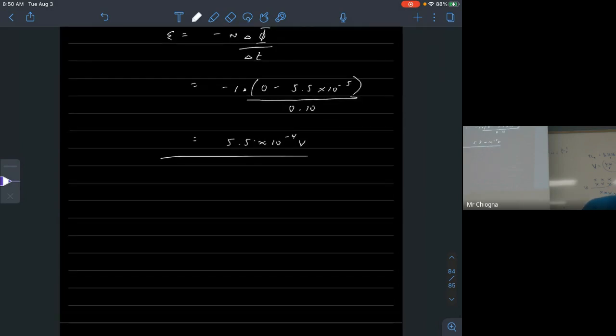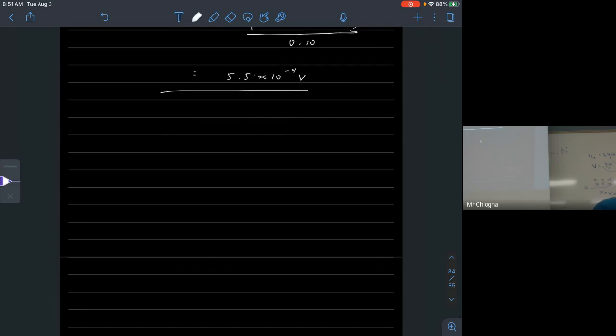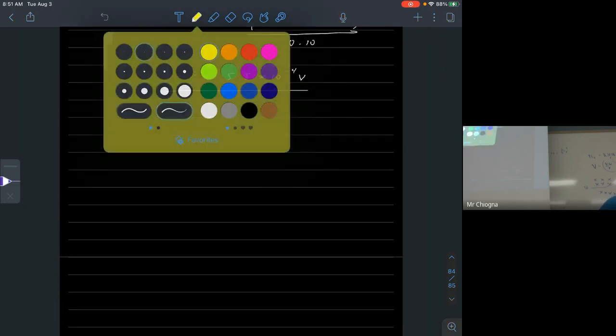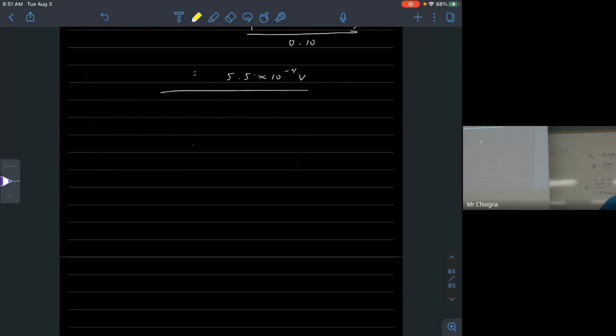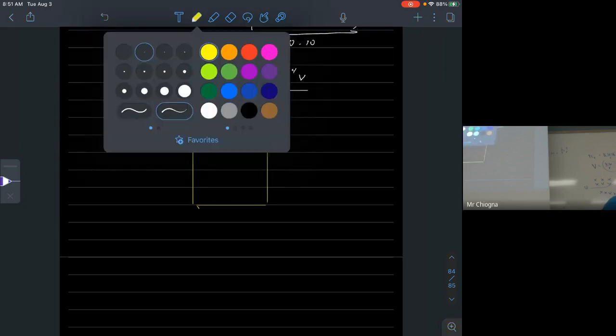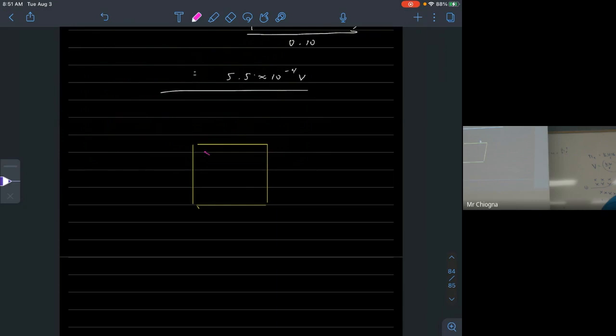Now I've got to show you which way the induced current is. So you go from this is what you go from. Now draw the magnetic field in pink.